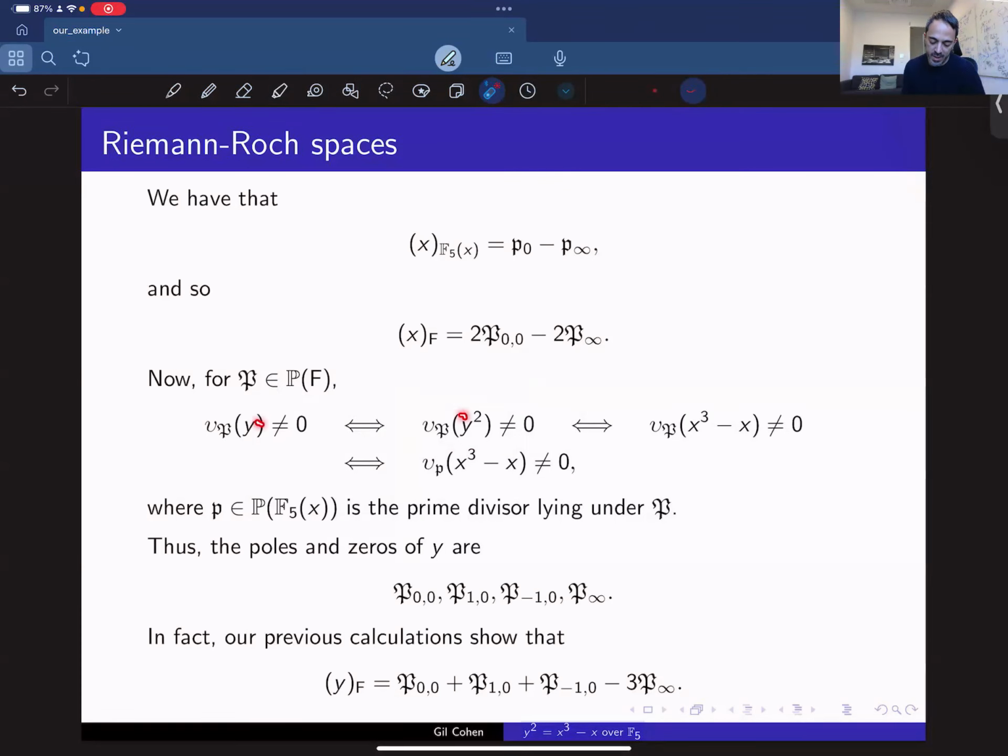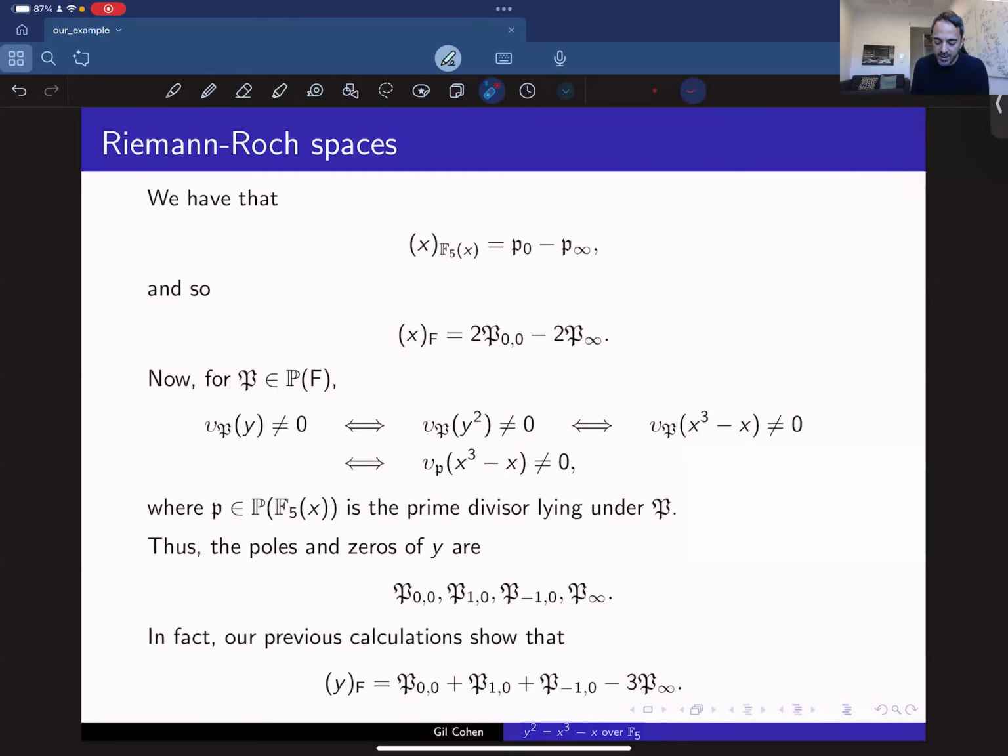Because this is just twice that. And the reason I'm doing that is because y squared is related to x: y squared is just x cubed minus x. So these two things are equivalent. But now I only have x's, so I can go downstairs and say that this is equivalent to v of little p, where little p is the prime divisor lying below capital P, of x cubed minus x not 0.